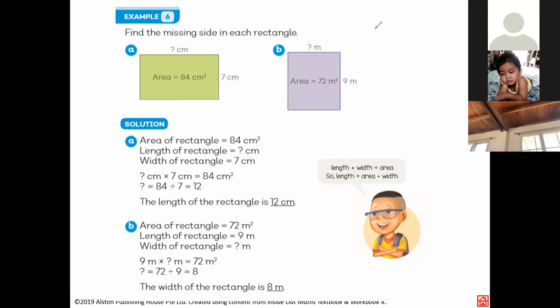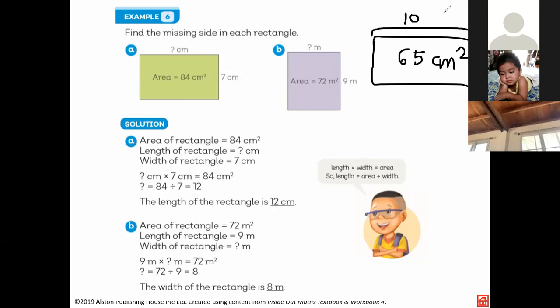Okay, very good. Another example. Let's say the area of the square is 65 centimeters squared, and the length is, let's try 15 centimeters.